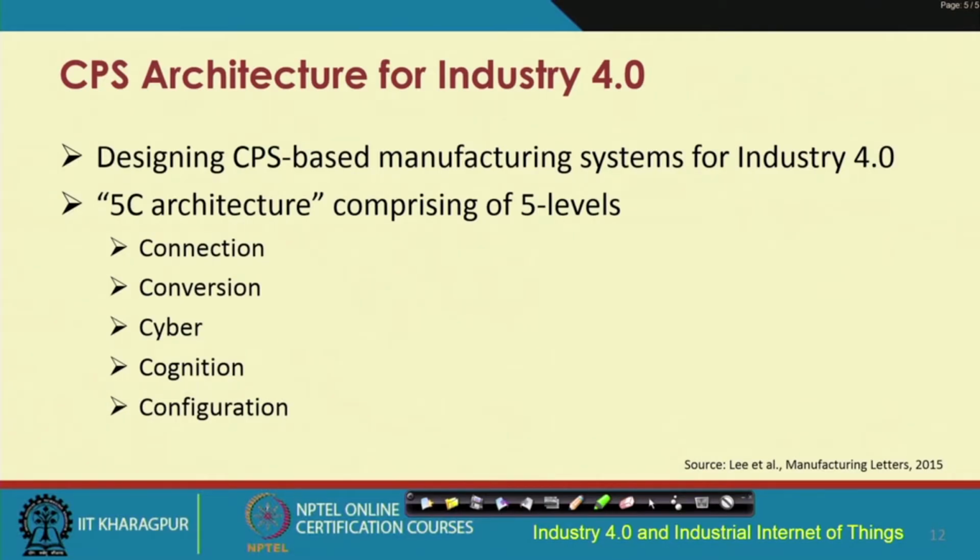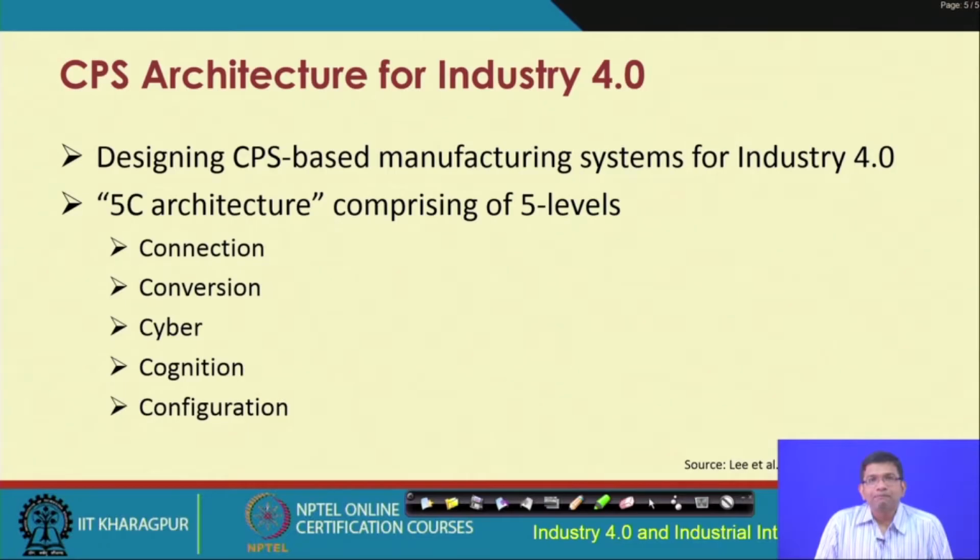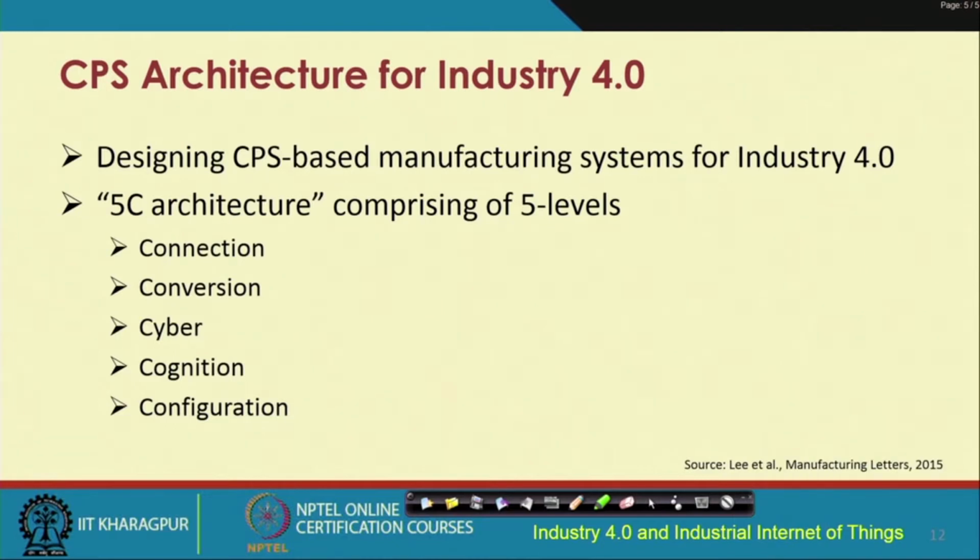In terms of Industry 4.0, there are 5C architecture goals which can be achieved with the help of cyber physical systems: connectivity, conversion, cyber, cognition and configuration. These are the 5C architectural aspects.